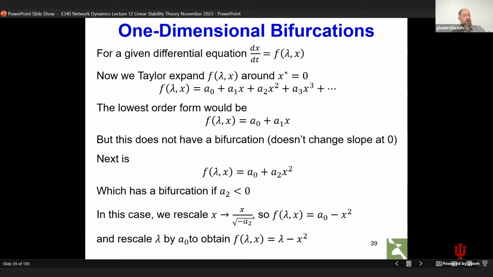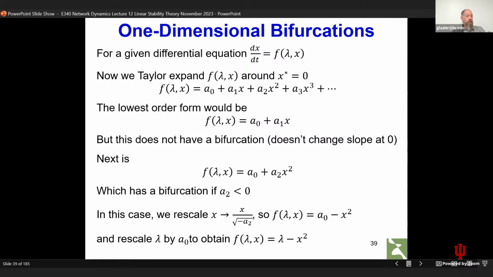So now let's assume that x star equals 0 is a fixed point. And we're going to Taylor expand f of lambda, and we'll get a0 plus a1 times x plus a2 times x squared plus a3 times x cubed, and so on. The lowest possible order for that would be the first 2 terms, a0 plus a1x.